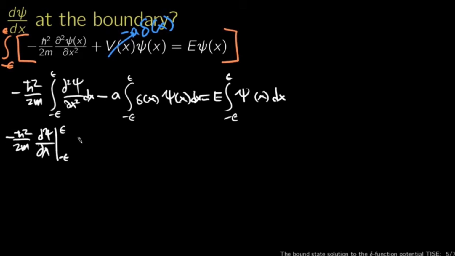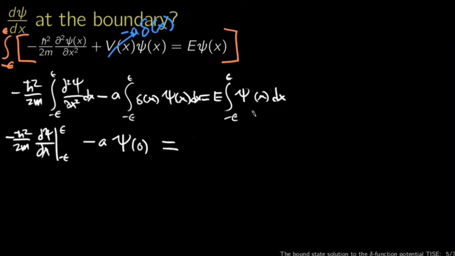The second term here, we have minus a, and now we just have a delta function in an integral. Delta functions just pull out the value of whatever else is in the integral wherever the argument of the delta function goes to 0. In this case, delta of x is going to pull out the x equals 0 value of psi. So this is just going to give me psi of 0.